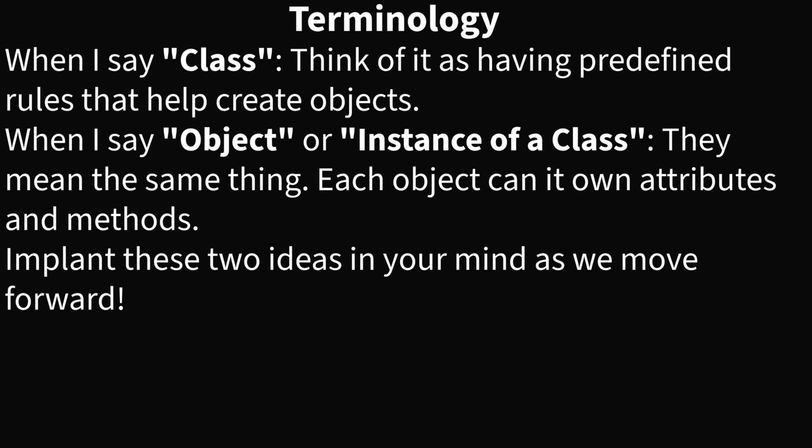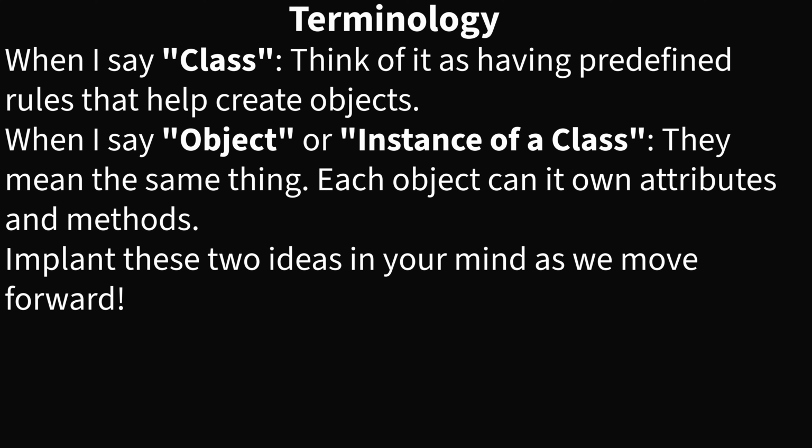Now that you have a fair understanding of class and objects, for the rest of the videos I want you to be comfortable that when I say class, you imagine a predefined template or set of rules that is used to create objects, with predefined attributes and methods. When I say object or instance of a class, I mean the same thing.